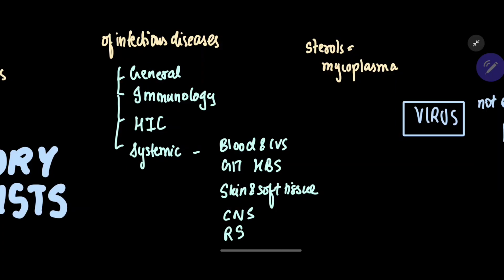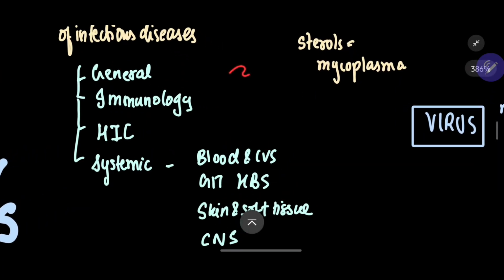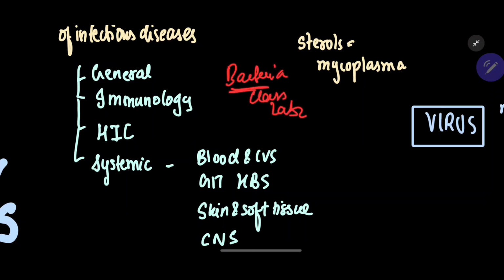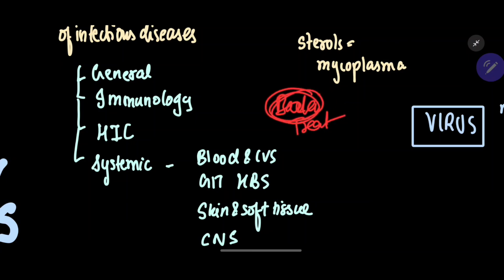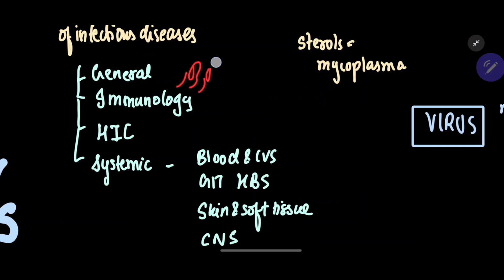General microbiology will talk about, let's say, bacteria: the classification of bacteria, the lab diagnosis of bacteria, and if we are having bacterial infections, how are we treating them? How does bacteria cause infections? So, the pathogenesis, all of this comes under general microbiology. Your bacteria, parasites, and all of that. And your microscopy, what different microscopes do we use? So that is all general.